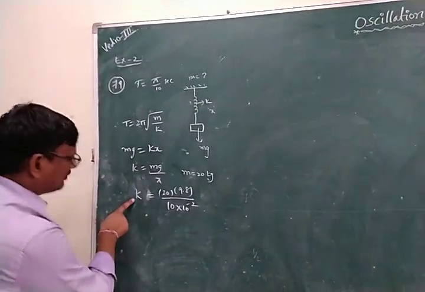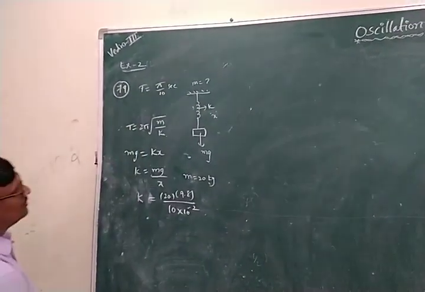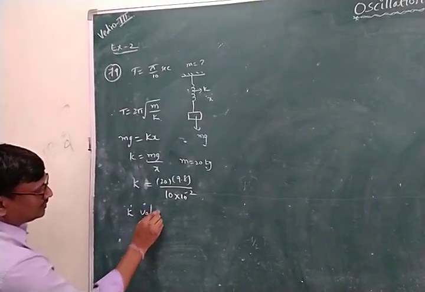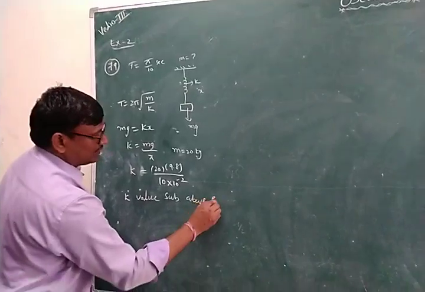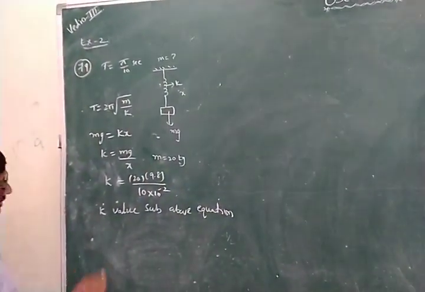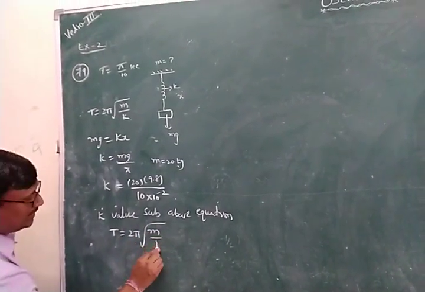Now substitute this k value and find out m, where t is given. Substitute the k value into the above equation. We have t is equal to 2 pi into under root of m by k.